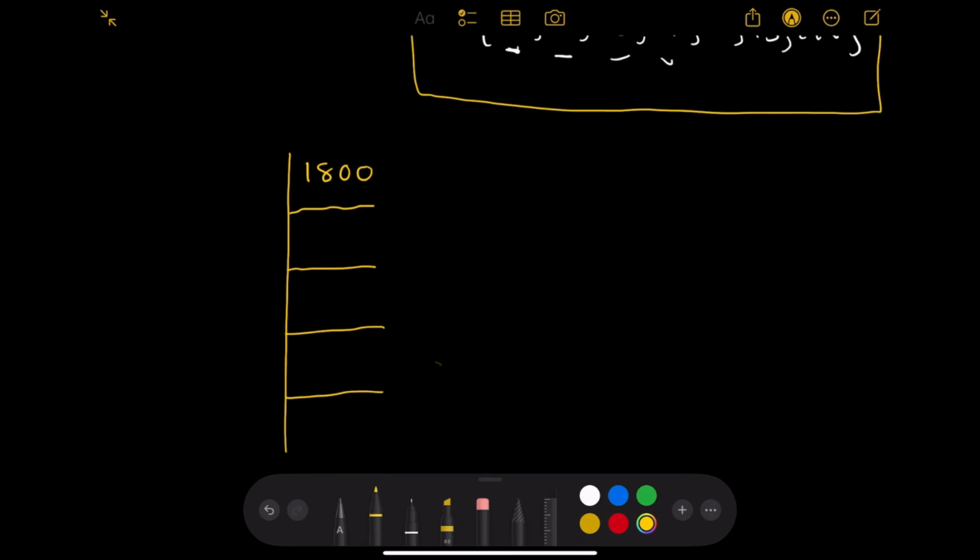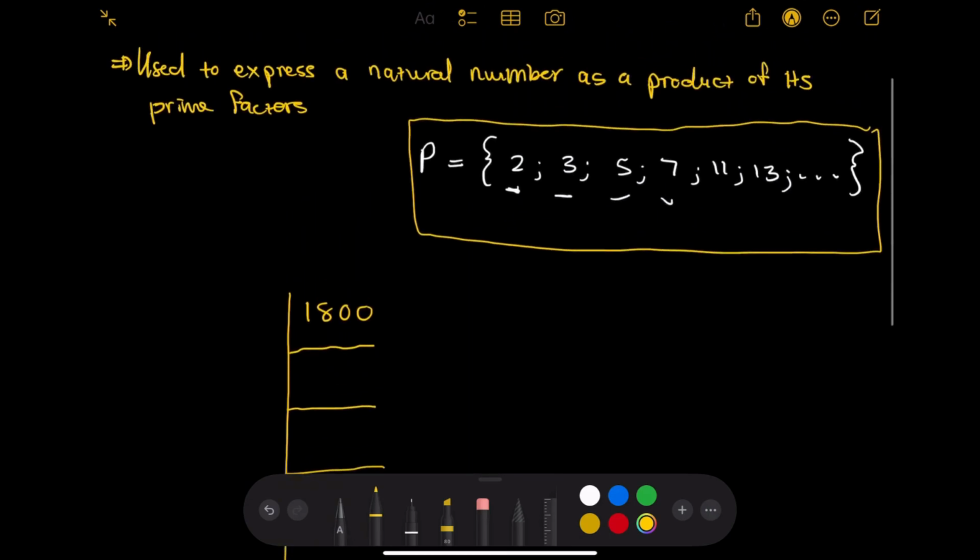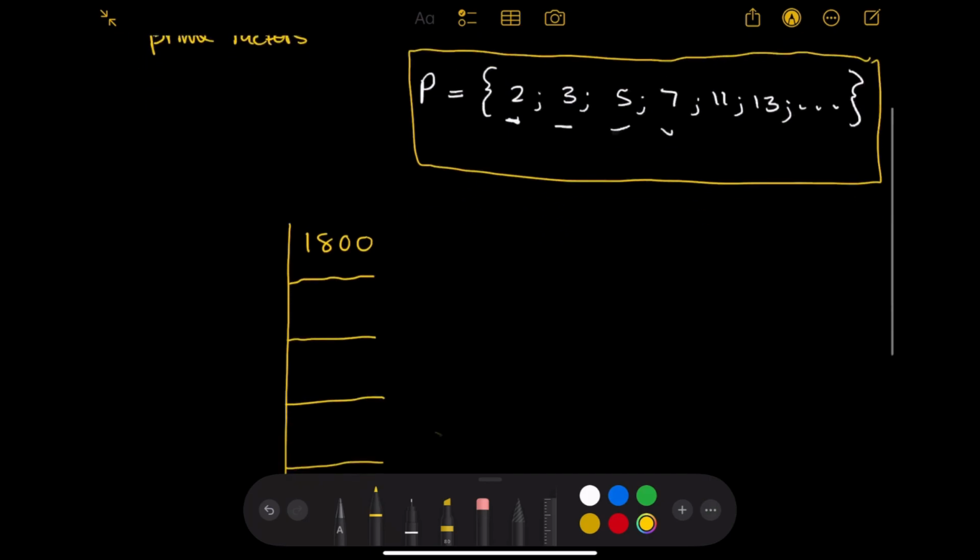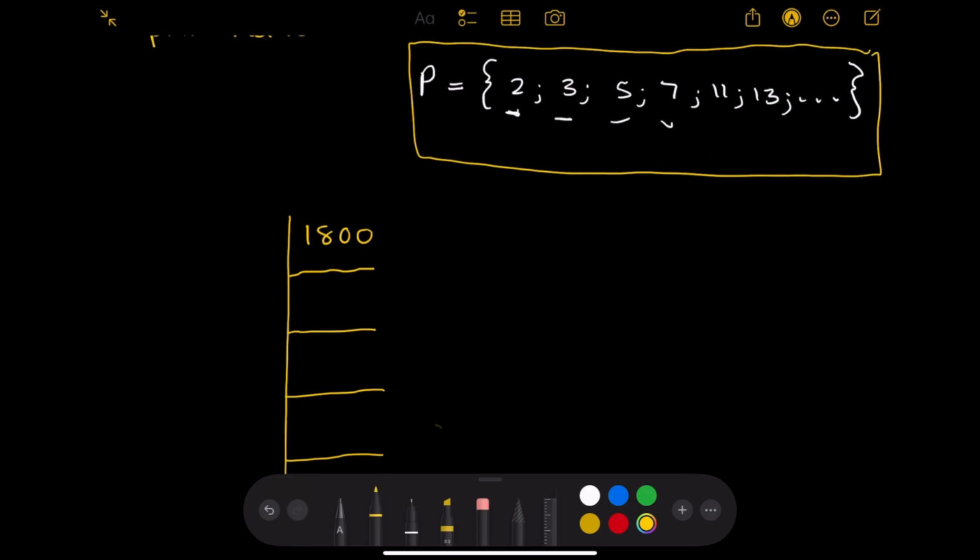Once again, before we even use the ladder method, we firstly have to write out our set of prime factors, right? And of course, we know how to identify prime numbers past the number 13, so we can just refer back to that video. However, in our list of prime factors, the smallest prime factor is 2. Then I have to ask myself, is the number 1,800 divisible by 2 without leaving a remainder?